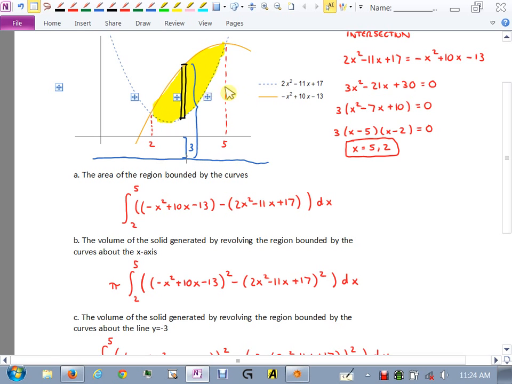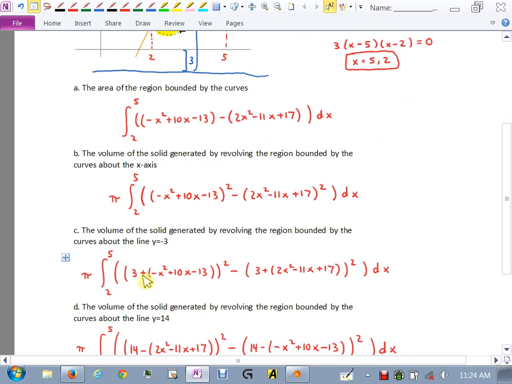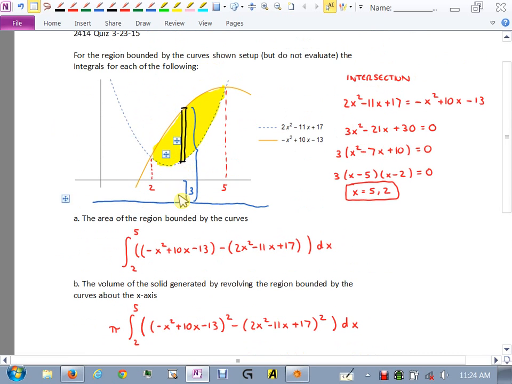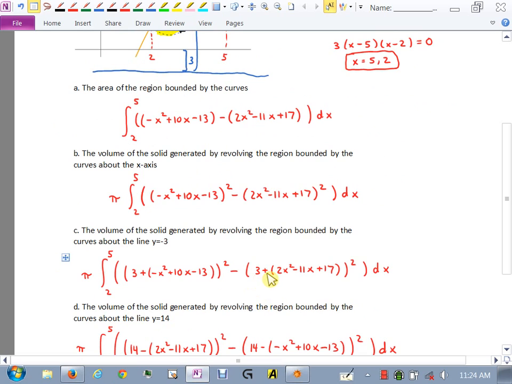So it's 3 plus the top function, then all of that quantity squared. Then to get the bottom radius, which is from here to here, you do the 3 and then plus the bottom function. So it's the same thing, 3 plus the bottom function, then all of that quantity squared.